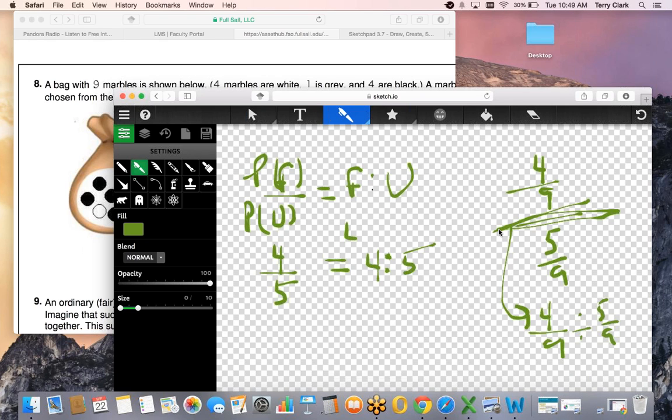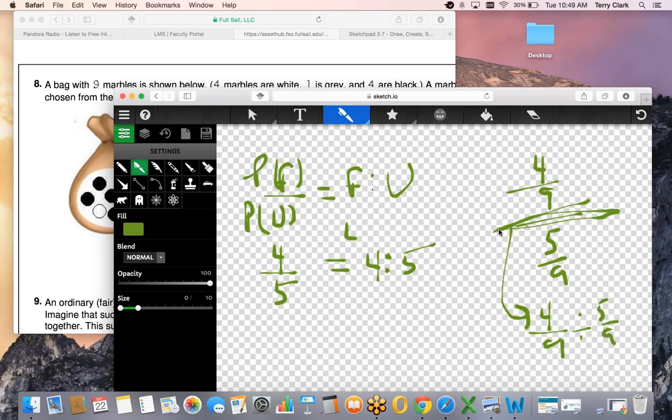You don't even have to know the probability of favorable. All you have to do is just know that there are 4 favorable and that there are 5 unfavorable. So therefore, the odds are 4 to 5. Even though odds are based upon the probability of favorable over the probability of unfavorable, it's sort of like a shortcut.